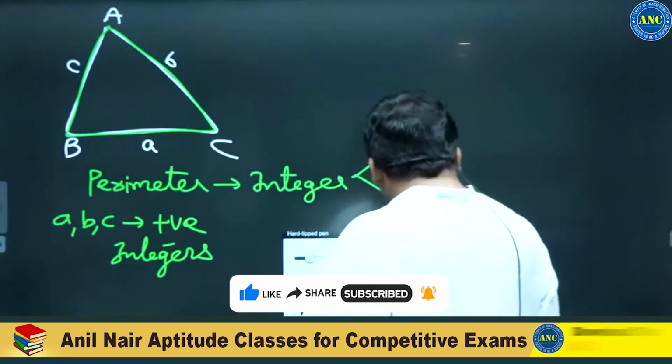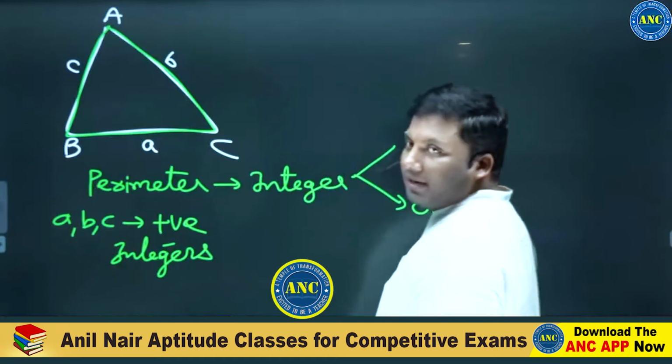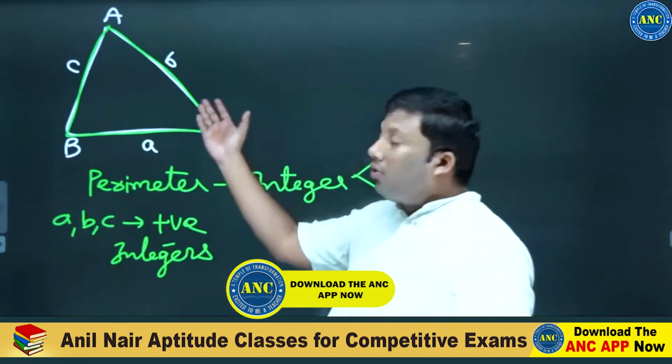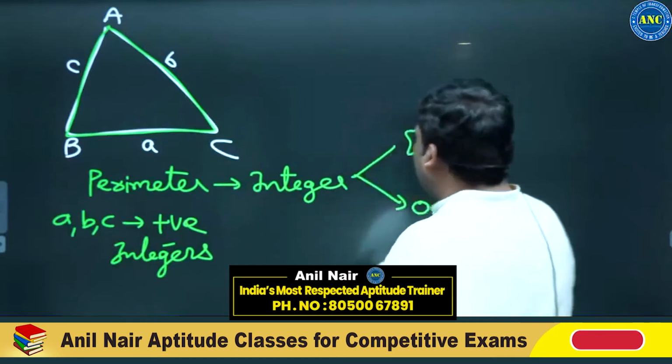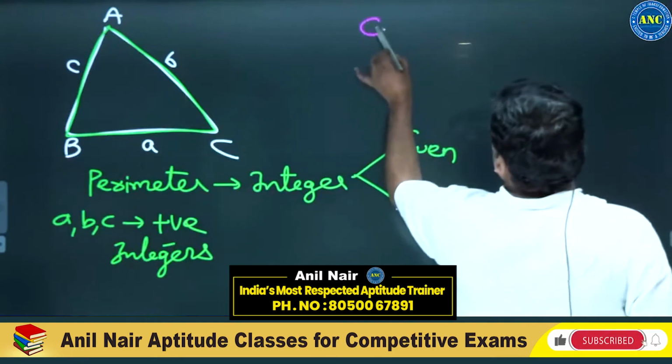What is given? The perimeter is given. How many distinct triangles can be formed with integral sides? There is a concept.